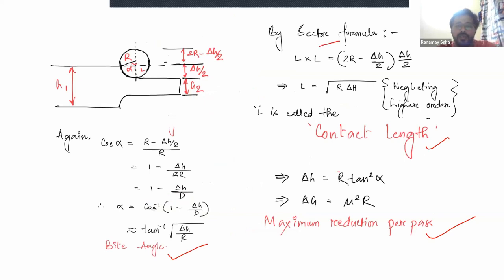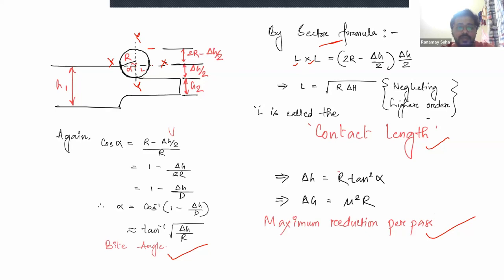By the sector formula of a circle, you can see that if you have a bisection line, suppose this y-axis is bisecting the x-axis at this point, in both sides suppose your length is L and L. Then you have L cross L equal to the two components of your bisected part of the y component.